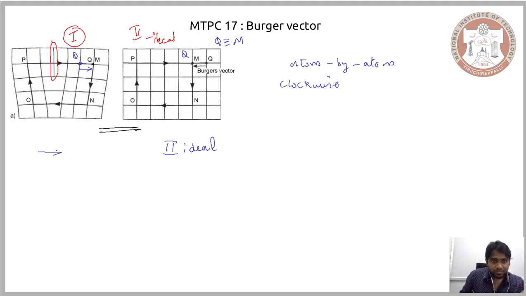However, when we consider the other approach wherein we began with the system with a dislocation, the Burgers vector is pointing in this direction. Now this approach wherein we begin by constructing the Burgers circuit for the ideal system is referred to as the right hand convention.